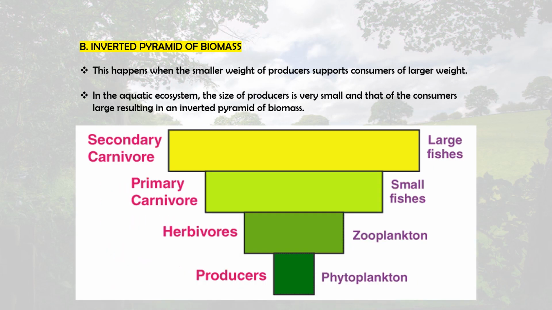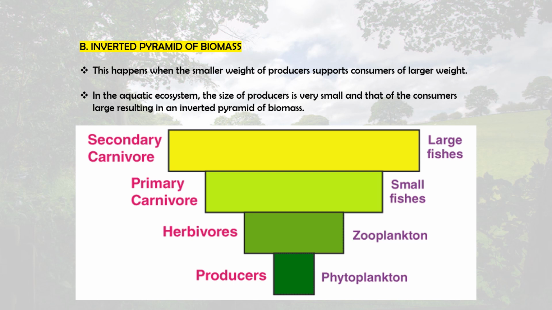And then the next one is the inverted pyramid of biomass. It's generally seen in aquatic ecosystems. This happens when the smaller weight of producers supports consumers of larger weight. In an aquatic ecosystem, we will see that the size of producers is very small and that of the consumers is large, resulting in an inverted pyramid of biomass.